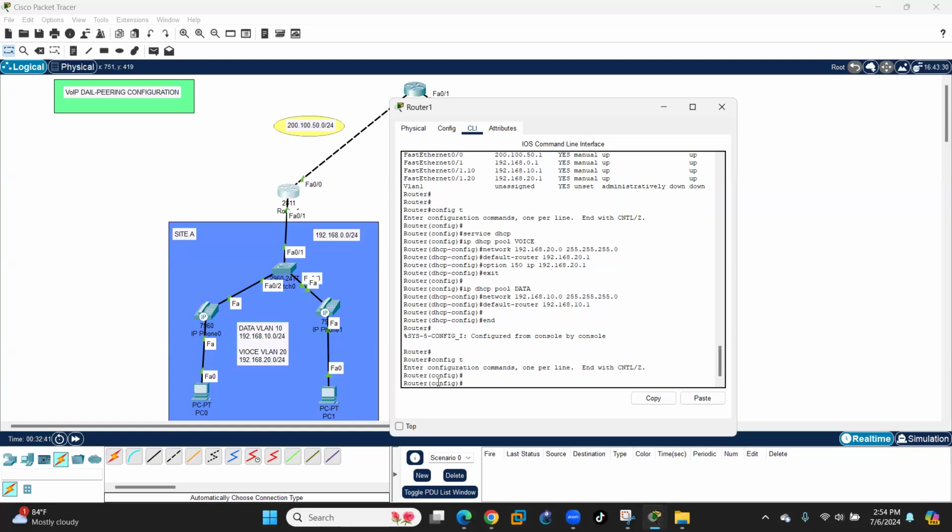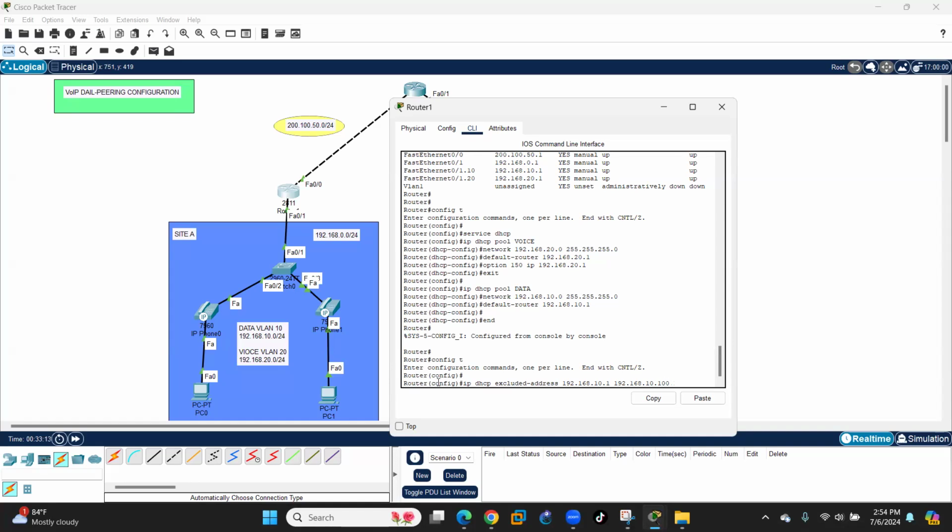Config T. I should have added it to the configuration. IP DHCP excluded-address 192.168.10.1 to 192.168.10.100.